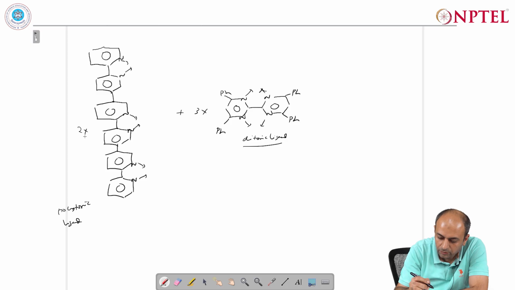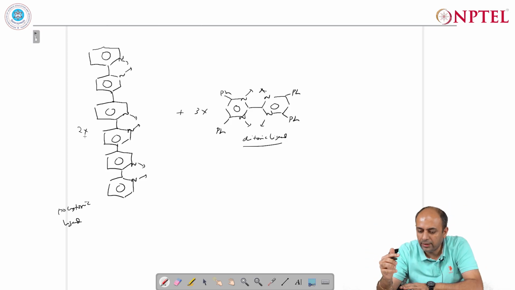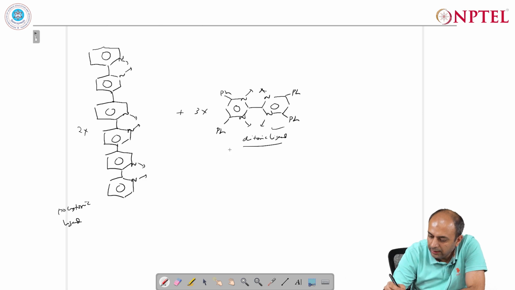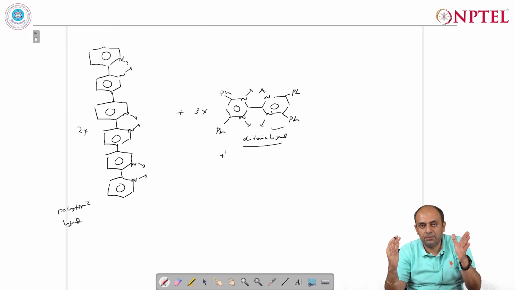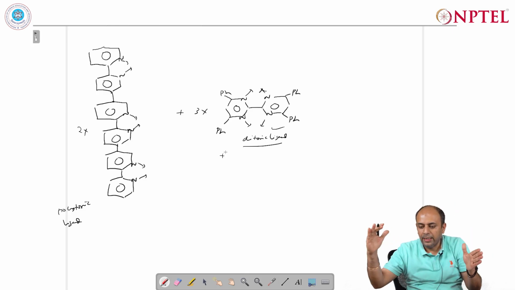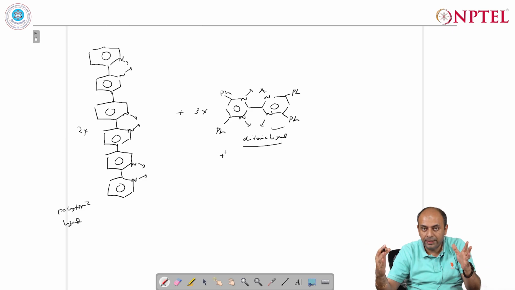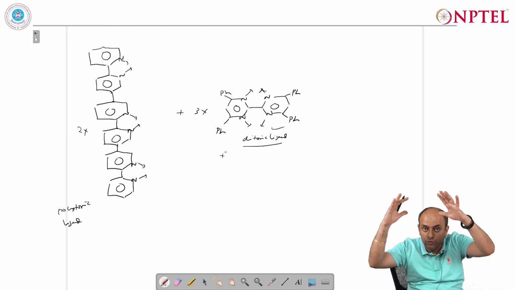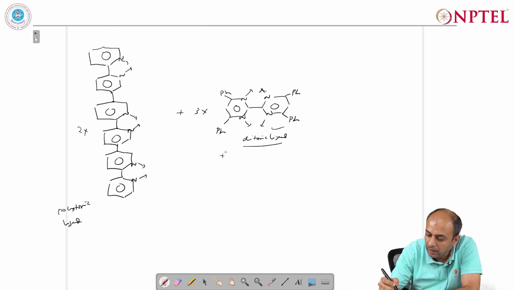We need 2 such to connect from both sides of the ladder, and we need the 3 rungs. So we have 3 equivalents of these, and then we need a template. Template is very important. So now we need a metal-ligand to template this species. We have a polytopic ligand and a ditopic ligand. We have to template them in a way that they come together to form the thermodynamically stable discrete species.